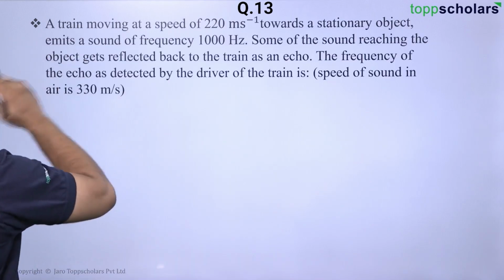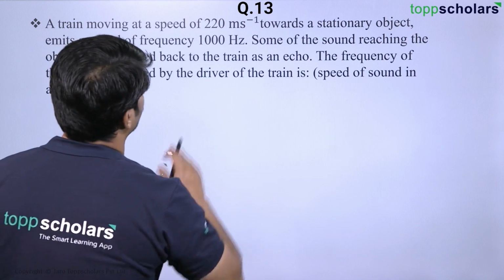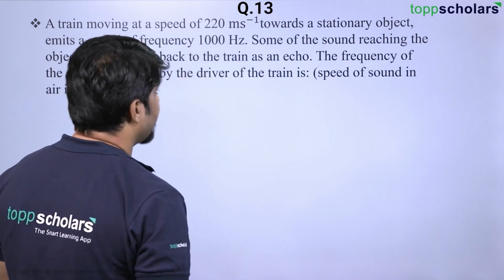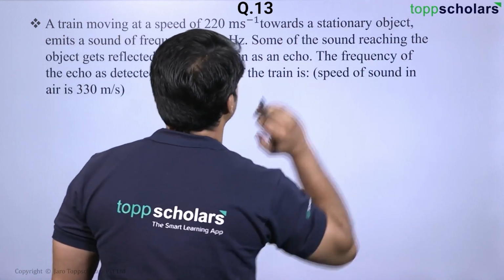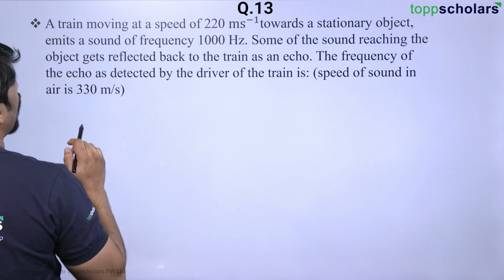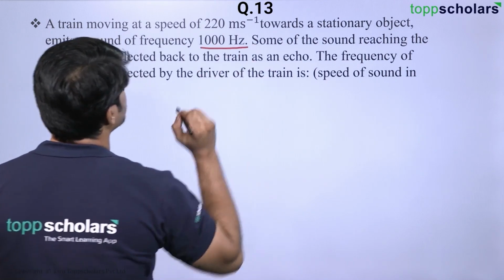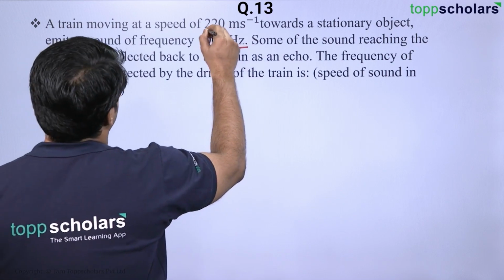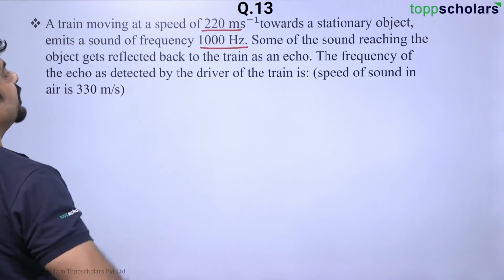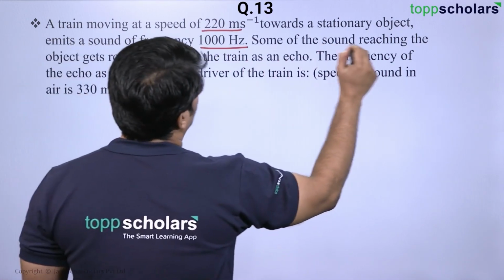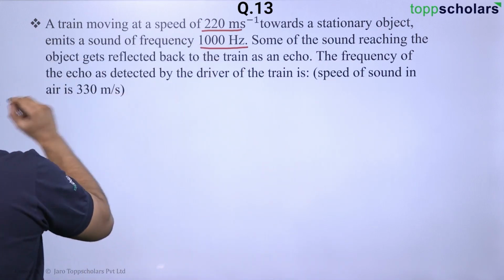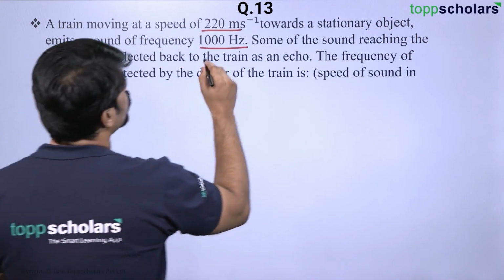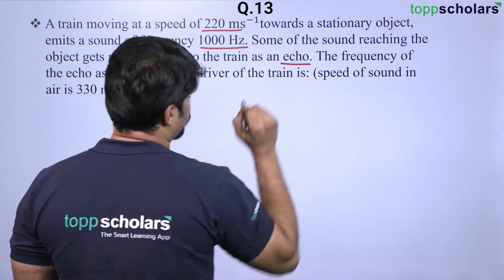Okay. A train moving at a speed of 220 meters per second towards a stationary object emits a sound of frequency 1000 hertz. So, we have a train that is moving at 220 meters per second. Some of the sound reaching the object gets reflected back to the train as an echo.